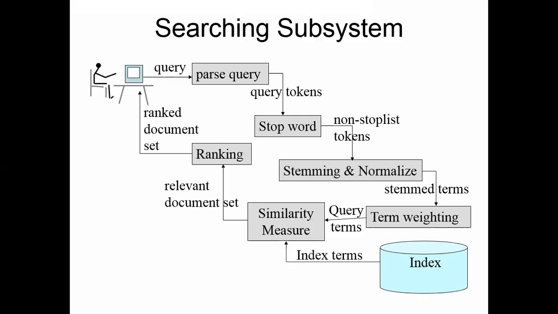If the users are not satisfied, they can modify their query and search again. So the search engine will accept their query just by applying the query preprocessing: tokenization, stop word detection, stemming, normalization, and terminating. Then again, similarity measurements are applied to check if there is any document in our index similar to the query.